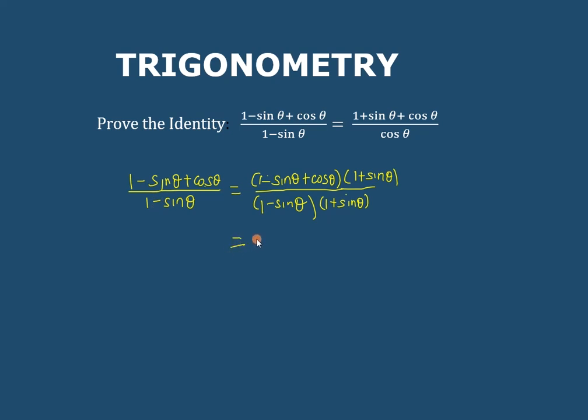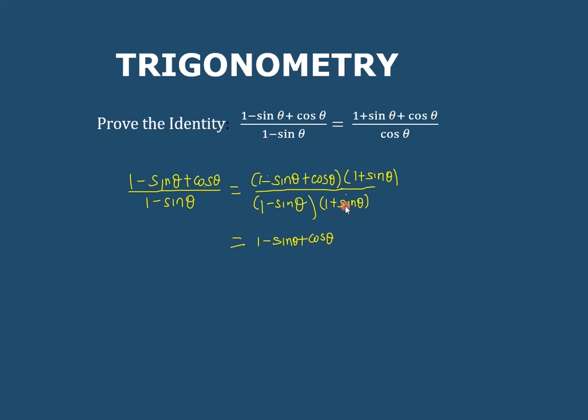We now have to multiply. Let us open the brackets. We shall multiply this whole expression by 1 and also multiply this whole expression by sine theta. So 1 times everything here, we have 1 minus sine theta plus cosine of theta.